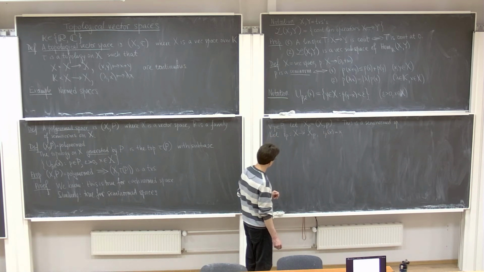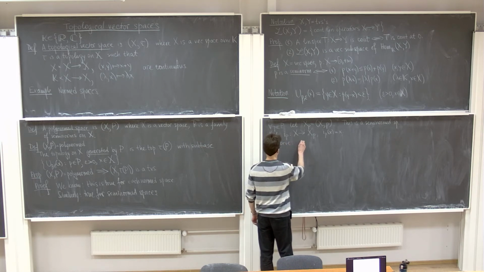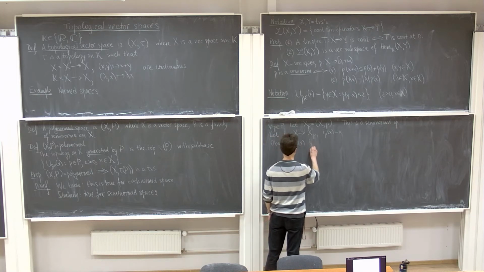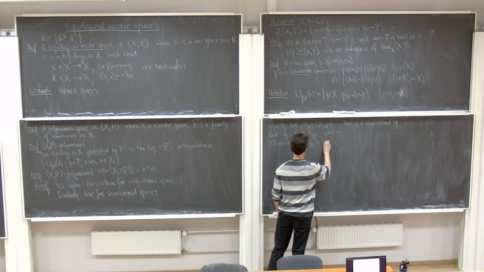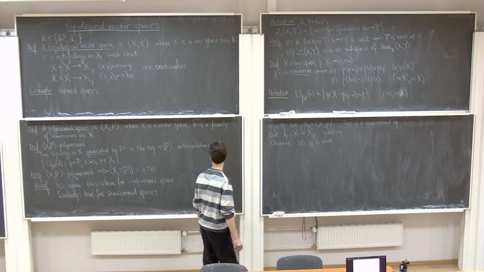So what can we say about this map? Well, let's observe the following. First of all, this map is continuous by the very definition of our topology.